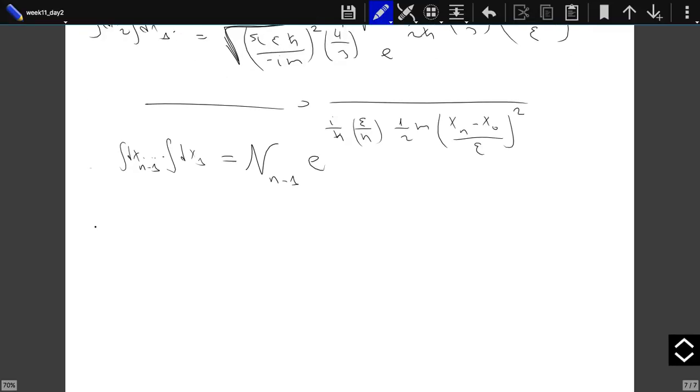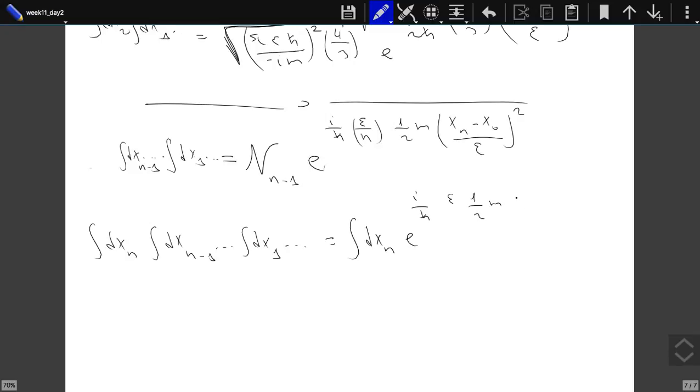Now let's evaluate this integral, dxn minus 1, dx1. We had said that the n integral is equal to dxn. Now from xn, the term that we didn't yet integrate is e to the power i over h bar epsilon times 1 over 2 m, xn plus 1 minus xn over epsilon, all of this thing squared.